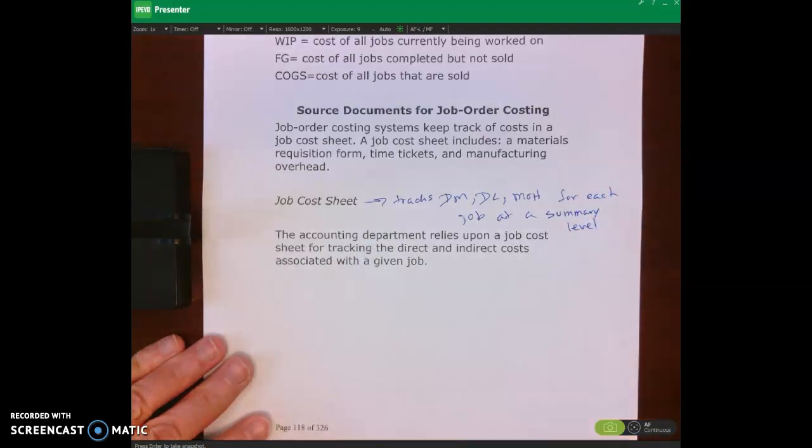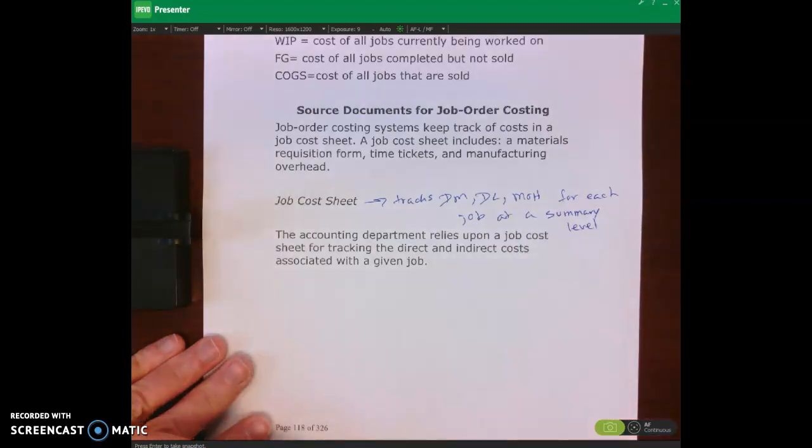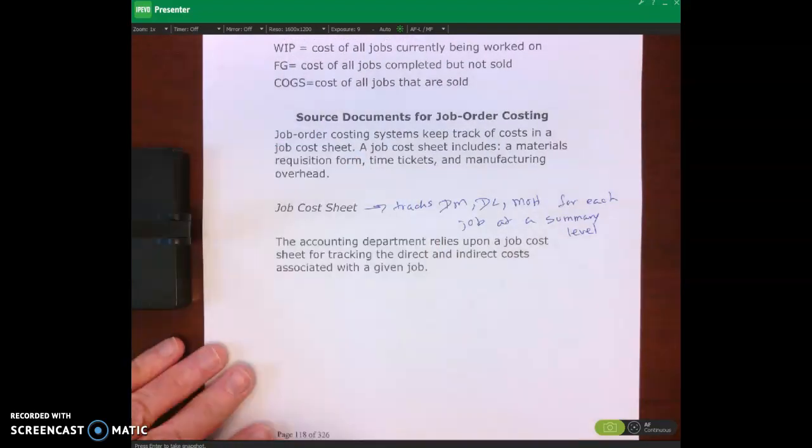Then, of course, the accounting department is going to be using those job cost sheets to determine the total cost of a job, and then also the cost of goods sold, finished goods, and work in process, the cost of those as well.